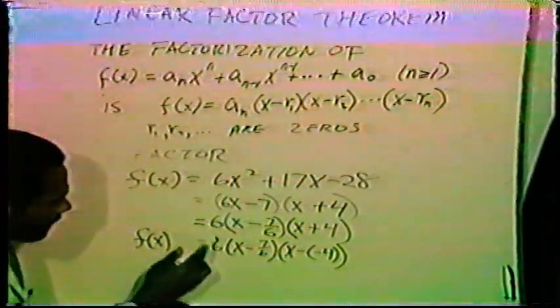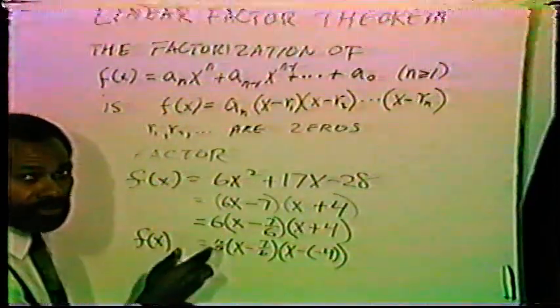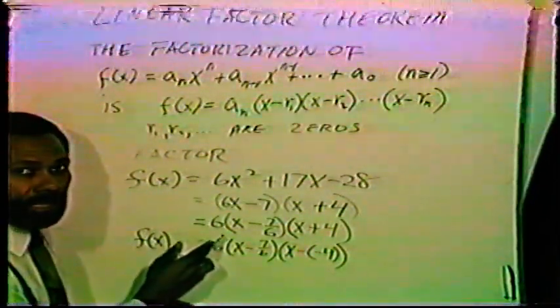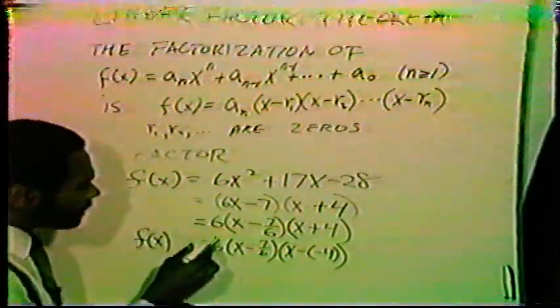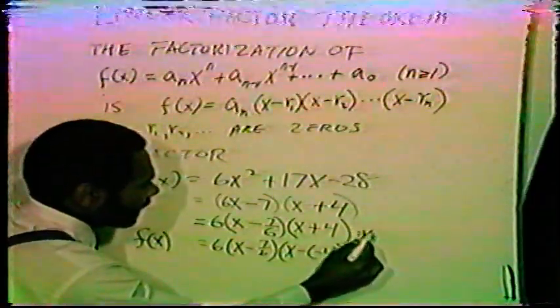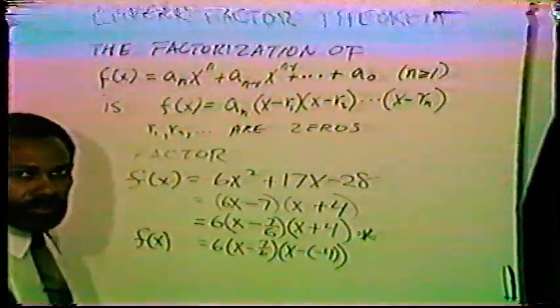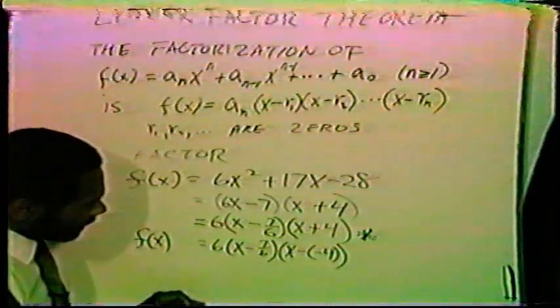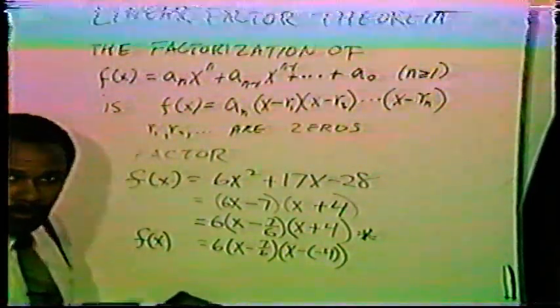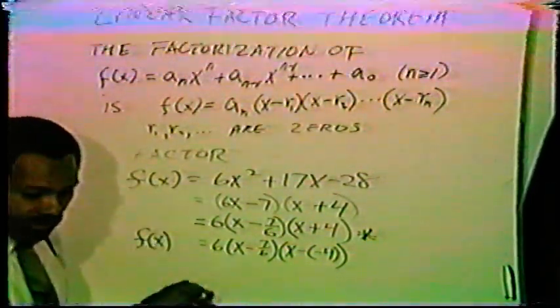Either one of these would really be acceptable as the answer for the final factorization for the linear factor theorem. Of course, this one is the one that you'll see in the answer in your textbook when you work problems similar to this problem.